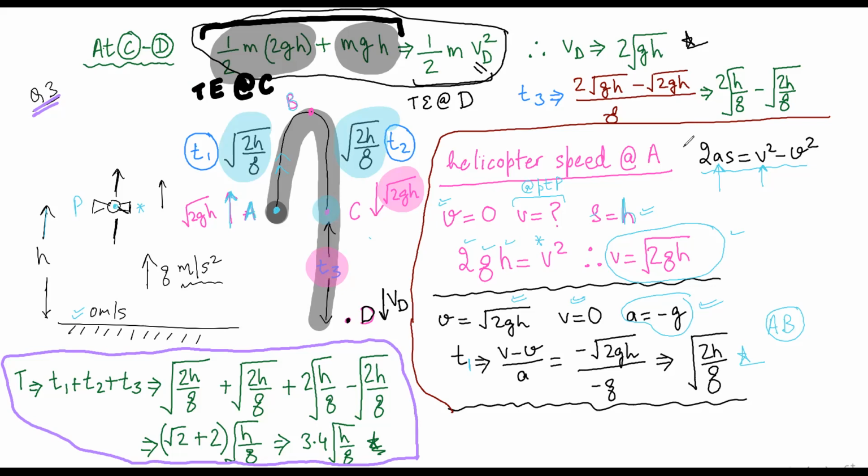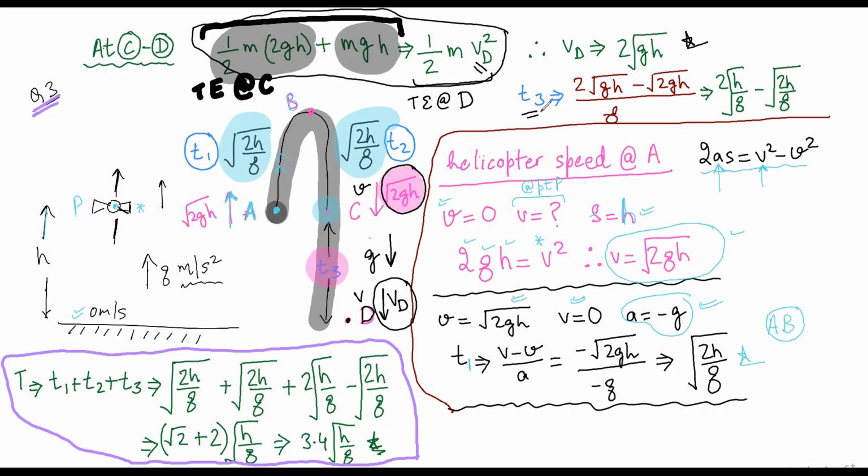Now once I have this Vd and this velocity, this would be my initial velocity, this would be my final velocity, and my acceleration is g for the packet which is coming down. So I'll be able to calculate my T3.